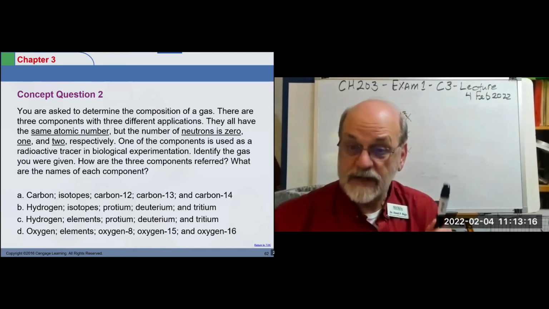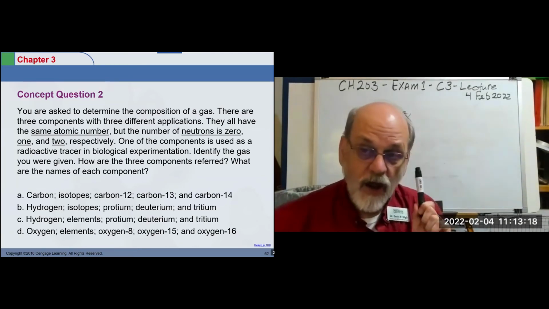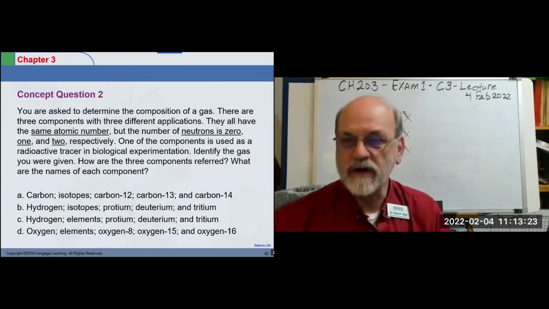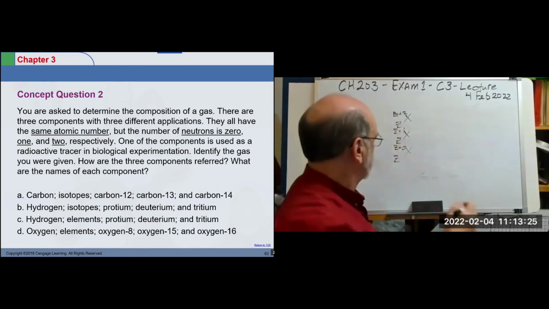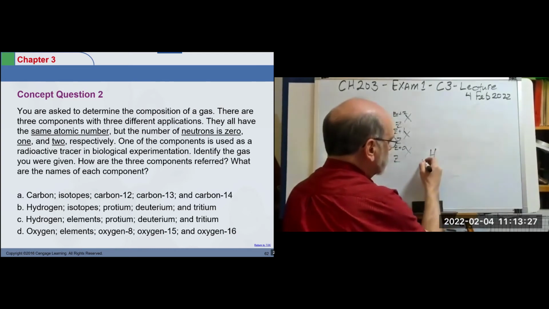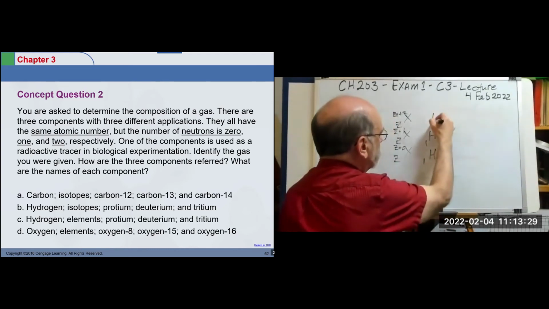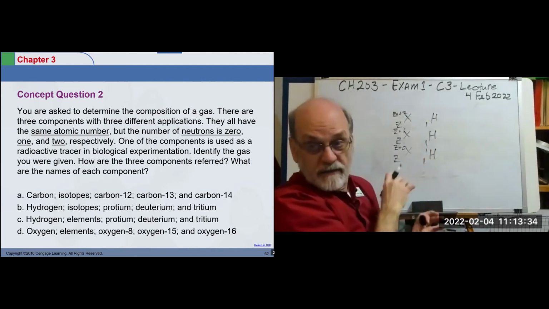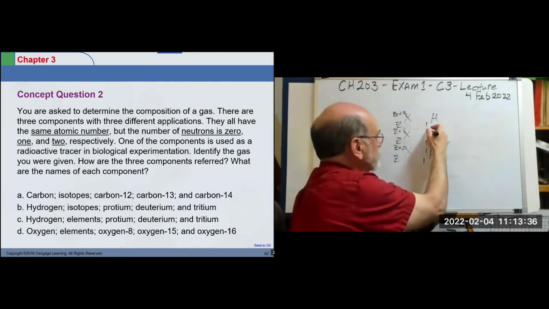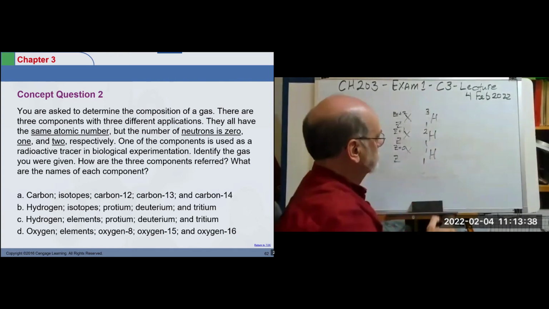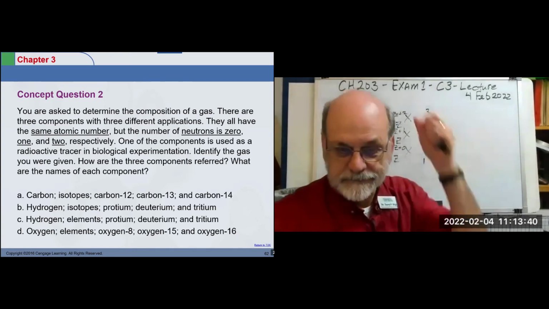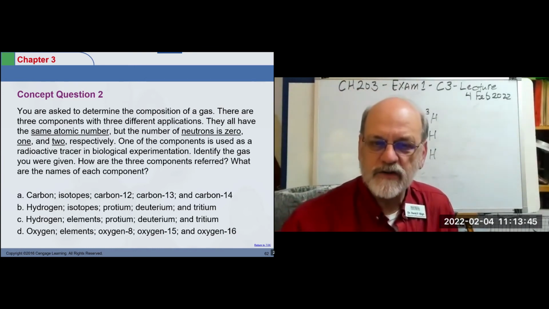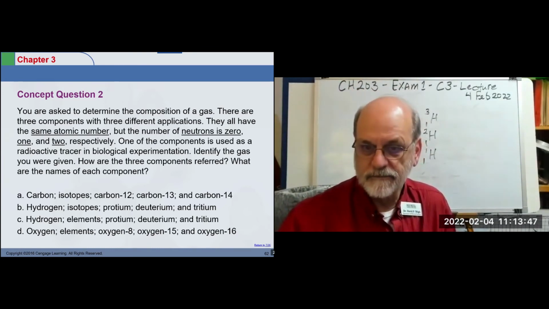Which element, here's the key, has no neutrons in one of its isotopes? The only one is hydrogen. So this would be hydrogen 1, 1, 1. This would be 1 because there's 0 neutrons, this one would be 2, and this one would be 3. One of the components is used as a radioactive tracer in biological experiments.